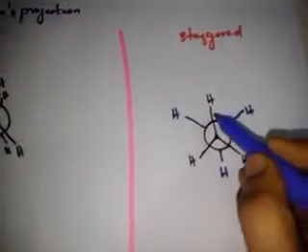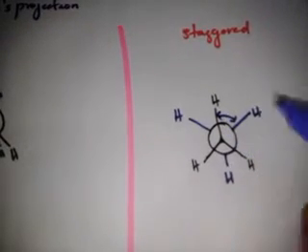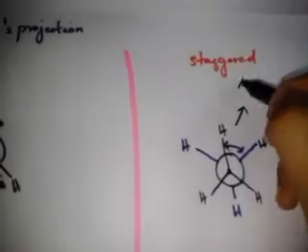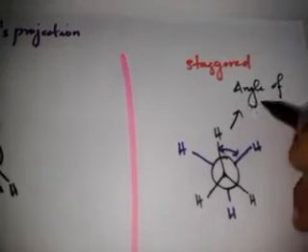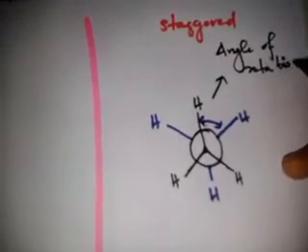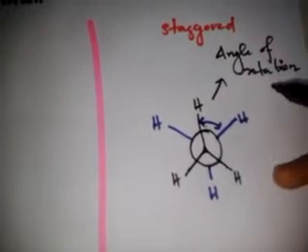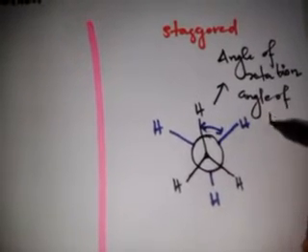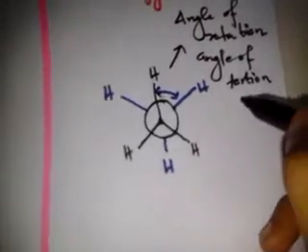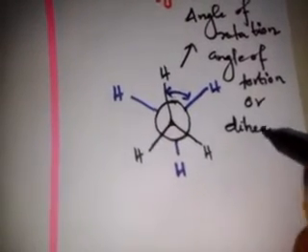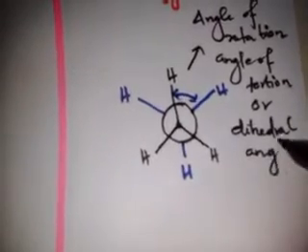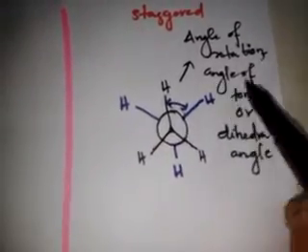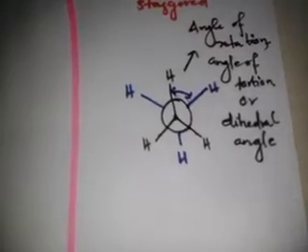Here it forms an angle, and this angle is called the angle of rotation, or the angle of torsion, or the dihedral angle.